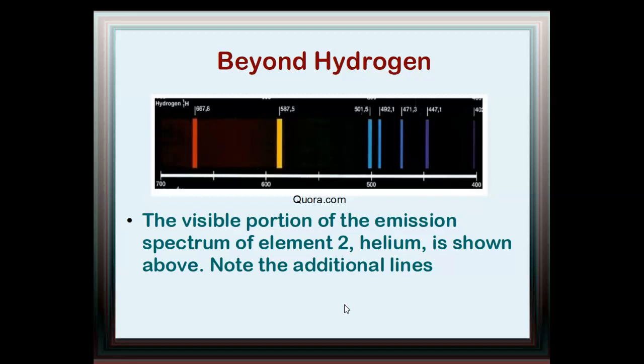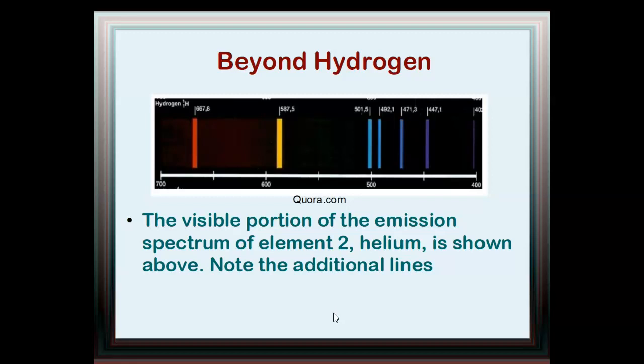These lines are characteristic of helium, and in fact, late in the 19th century, when the spectroscopy was tuned to the sun, they saw these lines as absorbance lines in the solar spectrum, and they realized they had discovered a new element that they then said was in the sun. And they called it helium after Helios, the Greek word for the sun.